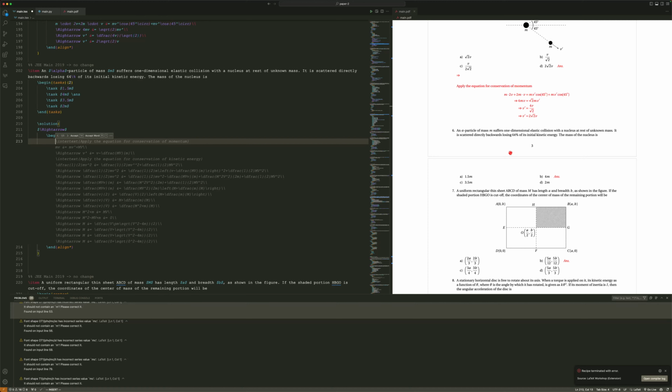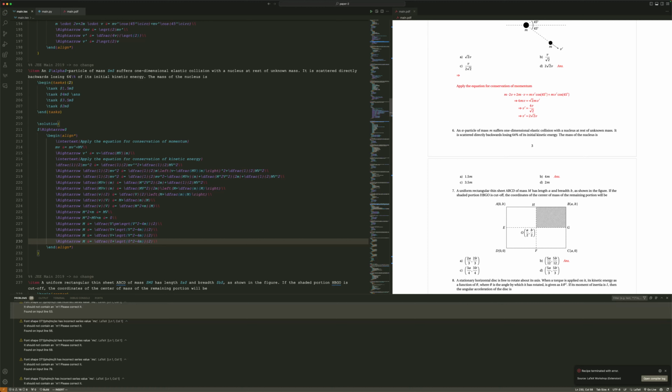That means I think we have to conserve the momentum here, but let's complete this first, compile it and run it.